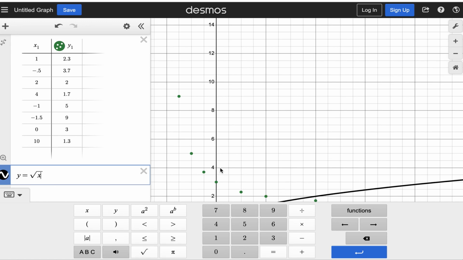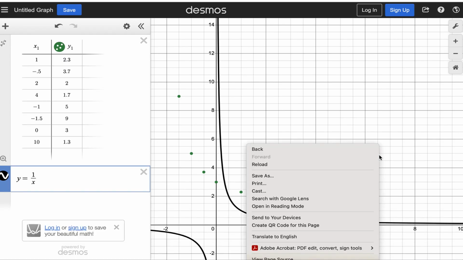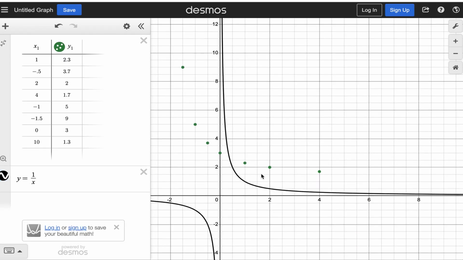That doesn't look like it. And we talked about 1 divided by x. And that, get this out of the way, that could be it if we moved it up and over. Now, some of you did exponential. We didn't talk about exponential. I don't expect you to do exponential.